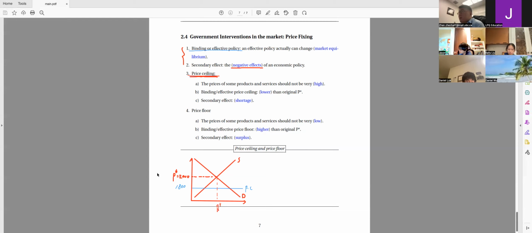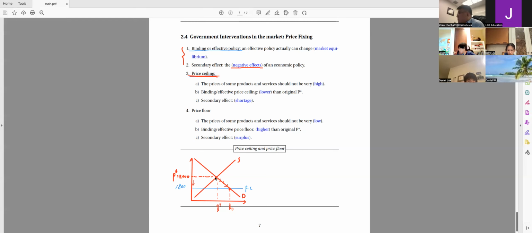When the price has been lowered by $200, what happens in the market? Quantity demanded increases. More and more people, with a lower price, want to rent an apartment. We label this one QD. But don't forget, there are two different types of market participants in the market system. Don't forget how the supply side responds to the price change.